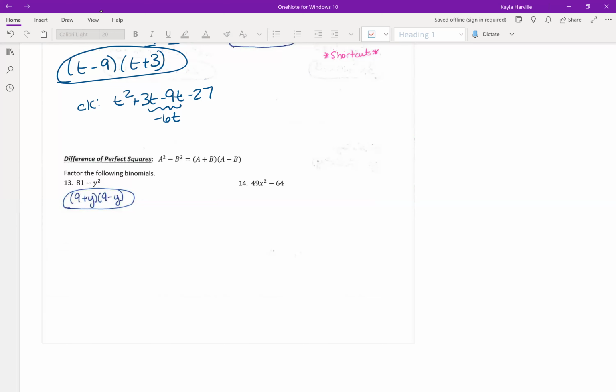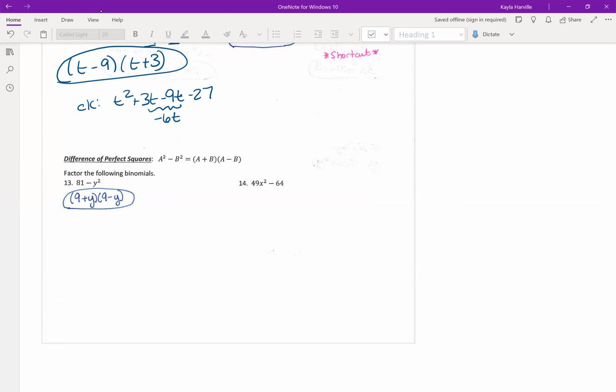So for example, if you notice number 13, 81 minus y squared, the square root of 81 is 9. So we have 9 in front, we have plus minus, and the square root of y squared is y. So we get 9 plus y, 9 minus y.